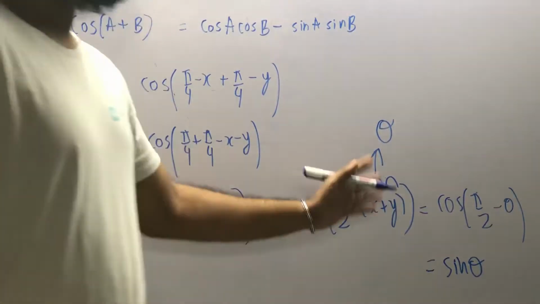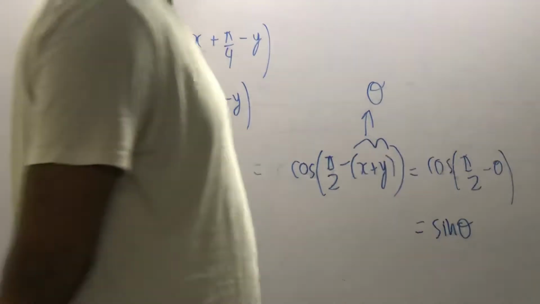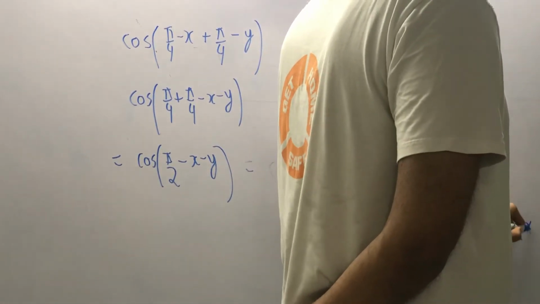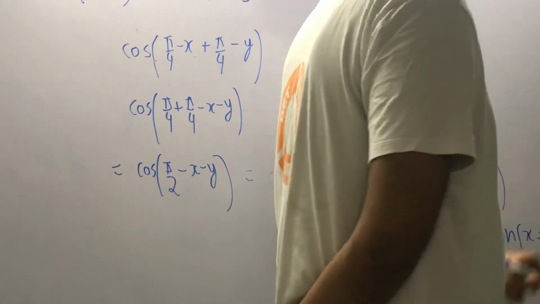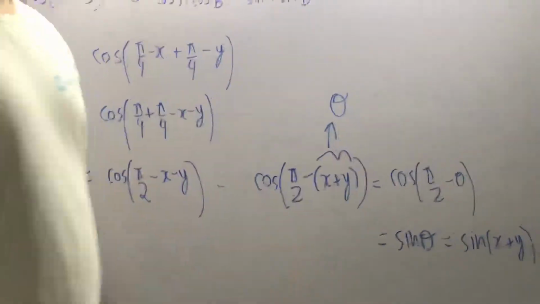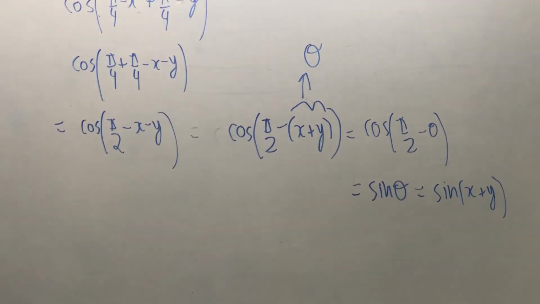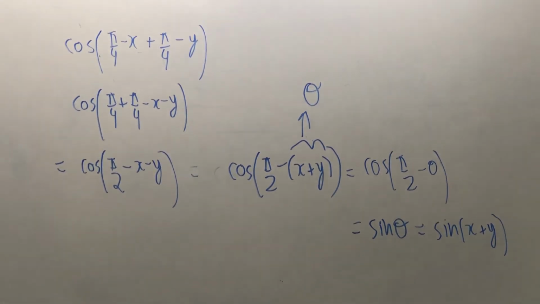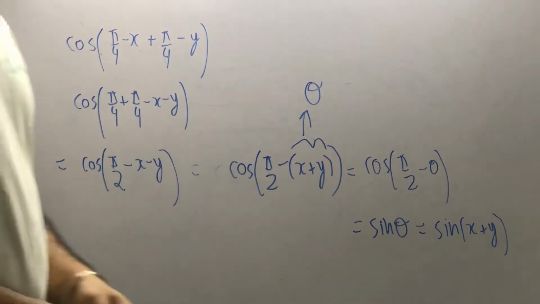Okay, now again substitute the value of theta. Theta was x plus y. So this comes out to be sin x plus y. LHS is equal to RHS. Okay, hence proved. We will do some more questions, don't worry.